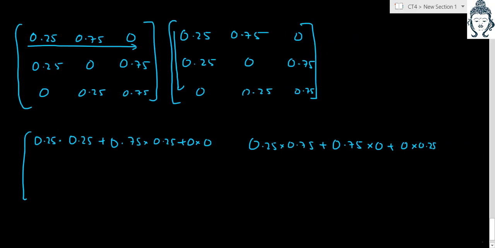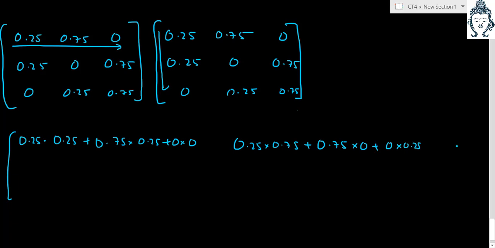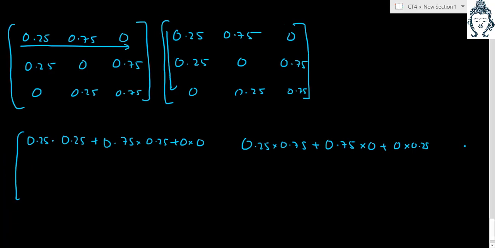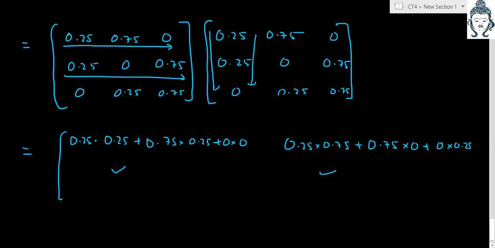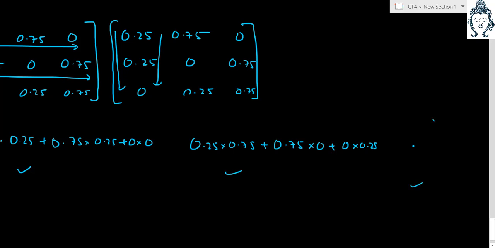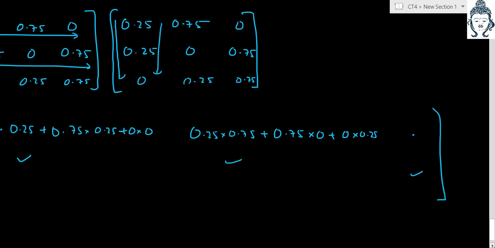Here you'll multiply the first row with the last column. When you get to element 2, 1, you'll multiply the second row with the first column, and so on. You multiply and add all of these to get all the elements.